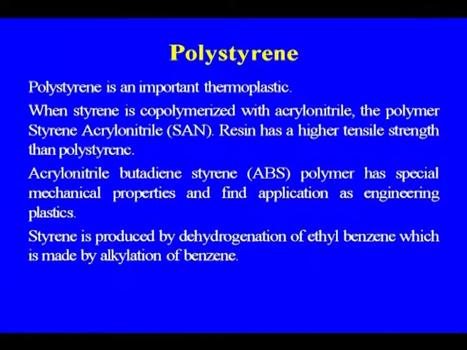When styrene is copolymerized, different combinations of styrene with acrylonitrile and butadiene are possible. When styrene is copolymerized with acrylonitrile, the polymer is styrene acrylonitrile (SAN) resin, which has a higher tensile strength than polystyrene. In the combination of polystyrene, the acrylonitrile butadiene styrene polymer has special mechanical properties and fine application as an engineering plastic.